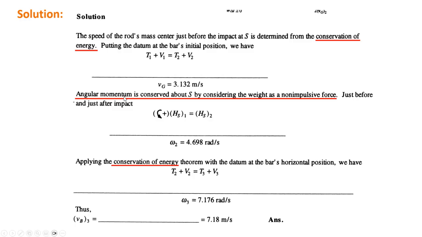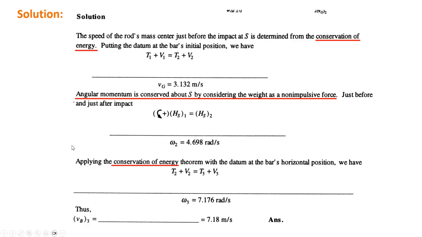And then the angular momentum is going to be conserved about S, considering the weight as a non-impulsive force just before and after the impact. So HS1 is going to be equal to HS2, and from that we will find that omega 2 is equal to 4.698 radians per second.